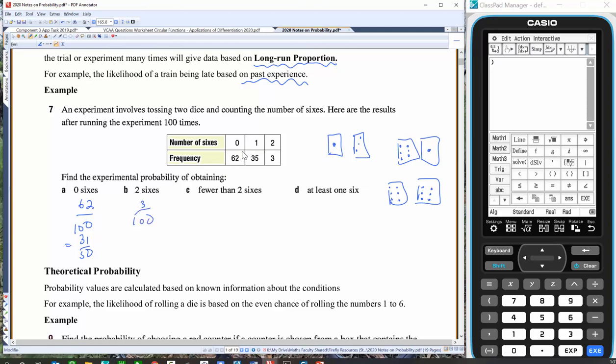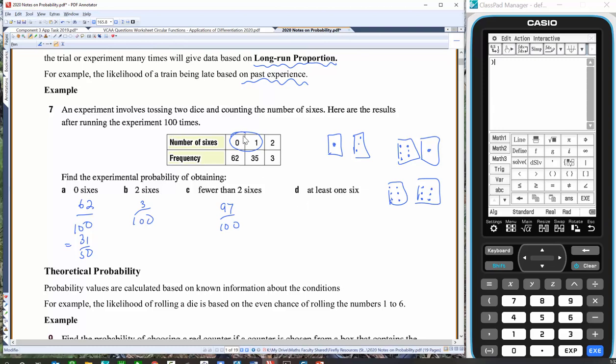Fewer than 2 sixes is 1 six and 0 sixes. So it was not this 3 times, not that, which means it was 97 out of 100, which is removing that from 100.